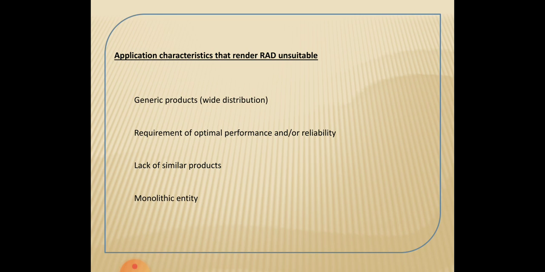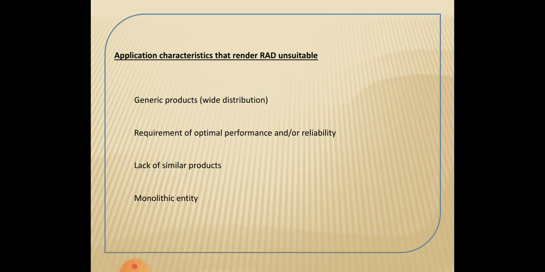If such systems are to be developed using the RAD model, the desired product performance and reliability may not be realized. And lack of similar products. As the RAD model makes heavy reuse of code, if a company has not developed similar software, then it would hardly be able to reuse much of the existing code.